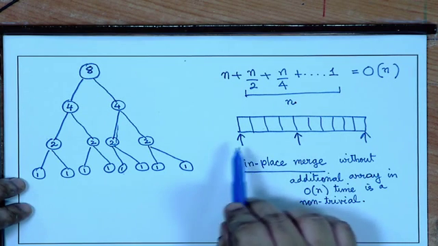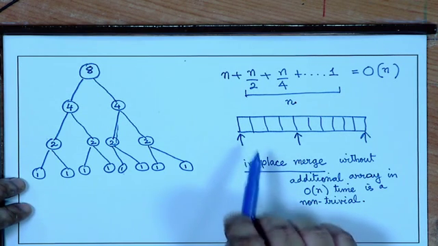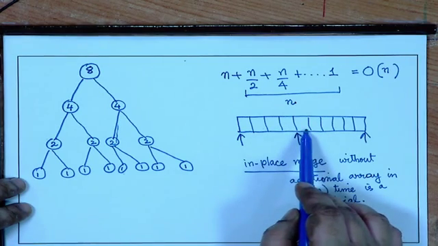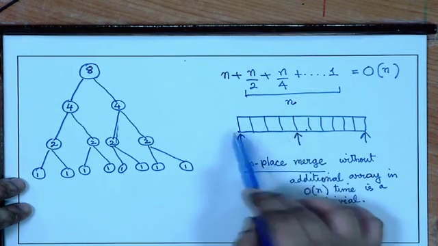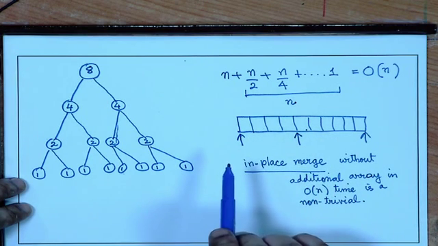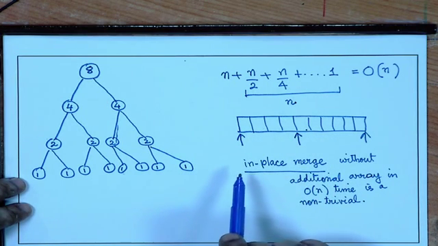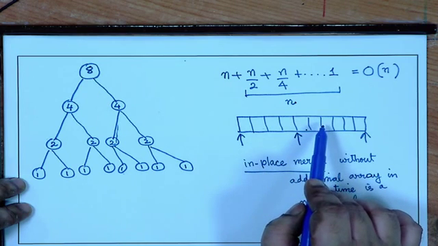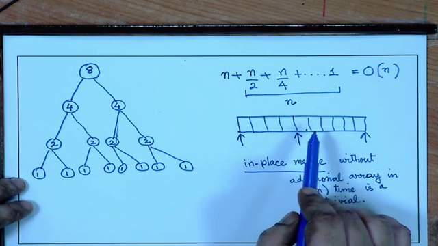Normally, whenever we do a merge, we use an additional array. We compare this element with this element, and then whichever is the larger we put into the second array, and we go on moving the merge algorithm that way. But try and do the merge algorithm within the same array, and you will see that you are having difficulties.